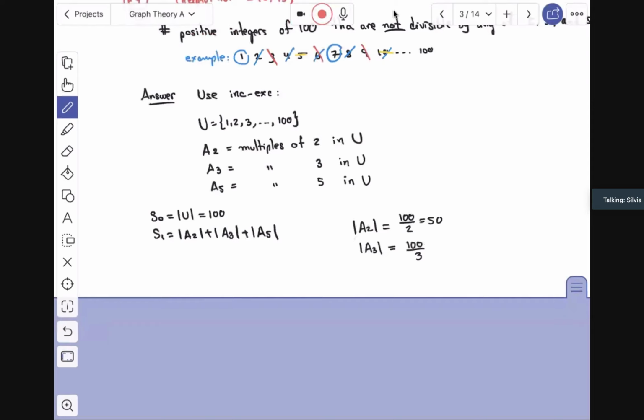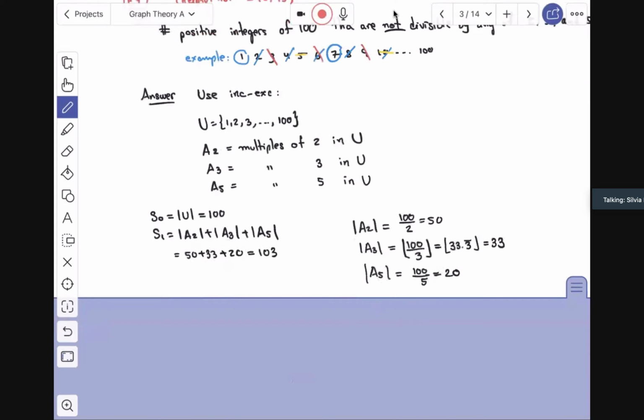So I could as well have done 99 divided by 3. That's the same as taking the floor function. So this is 33.333, and you take the floor function, that's 33. And then A5, that one is actually an exact division, so that's 20. But if it's not exact, just take the floor. So S1 is 50 plus 33 plus 20, which is 103.